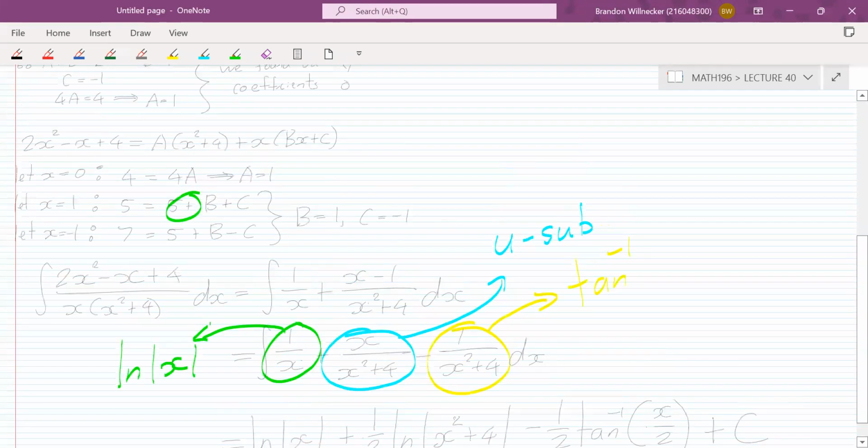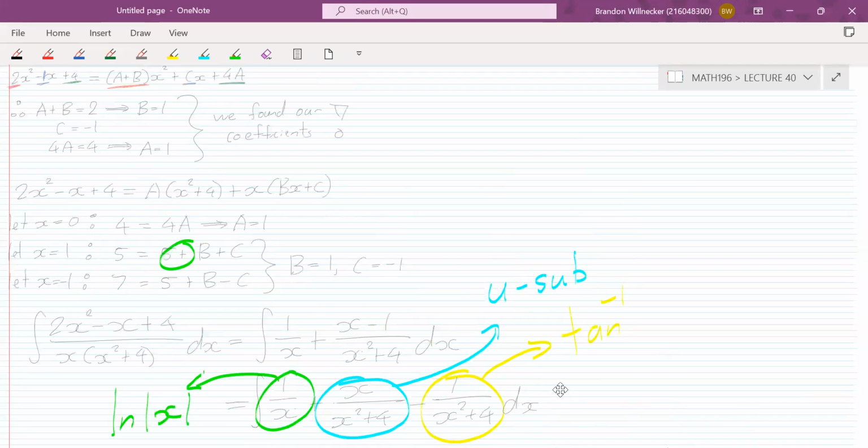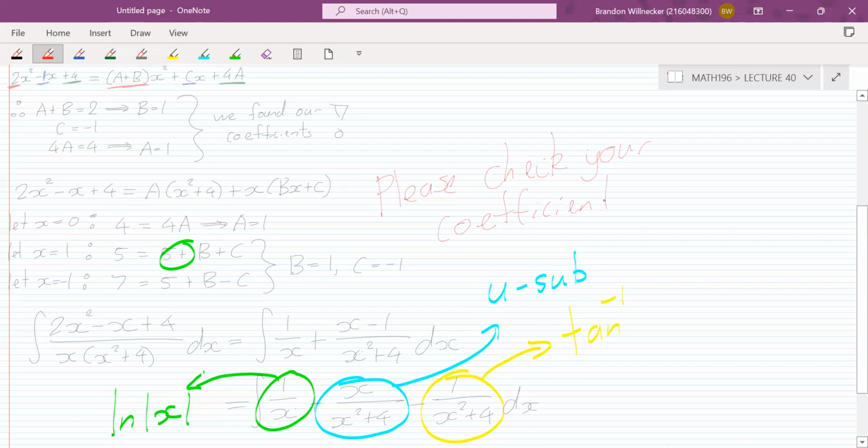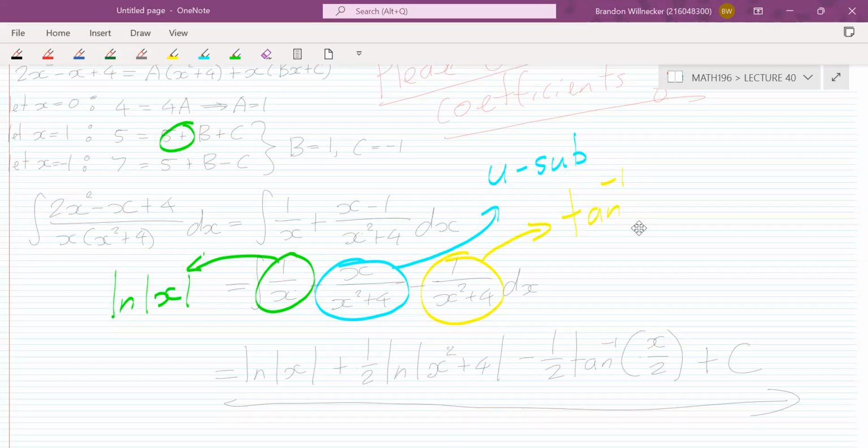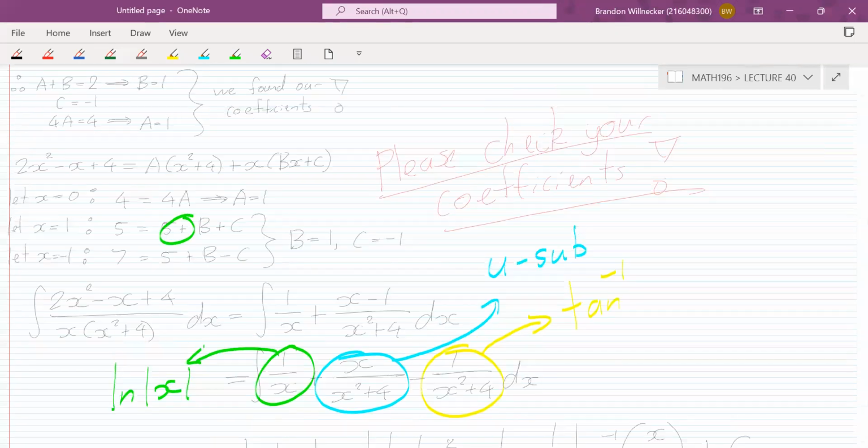It's very important to check them before you move on. It would be terrible getting all your coefficients, doing all your integration, and then there's a plus instead of a minus, and you can't do the integral. So always check before you carry on with the integration.